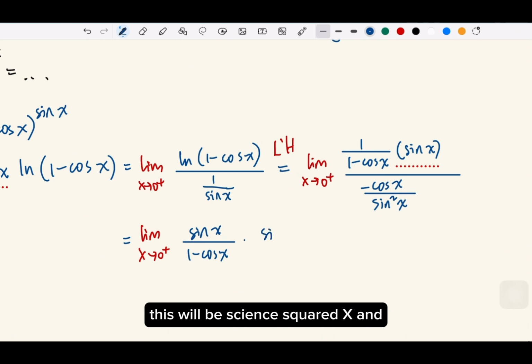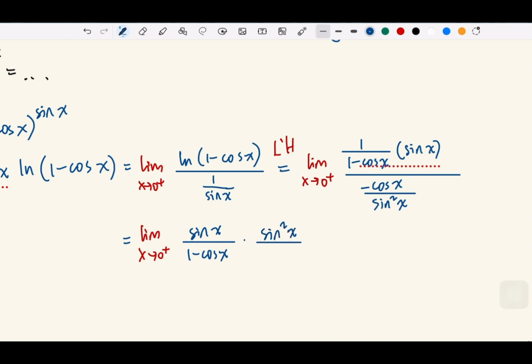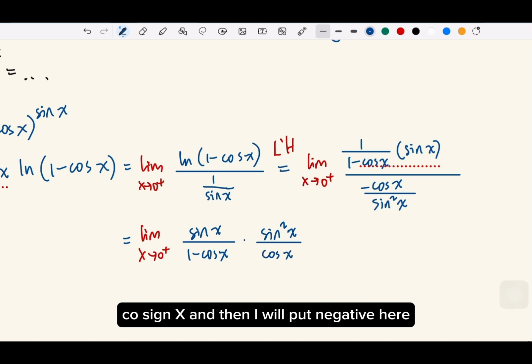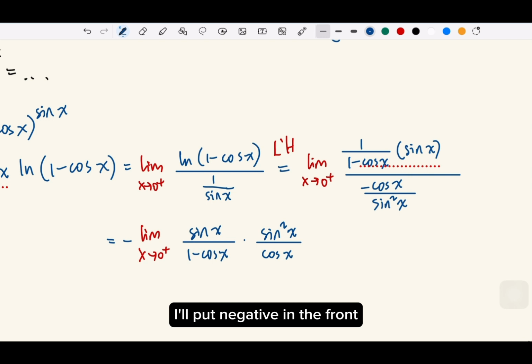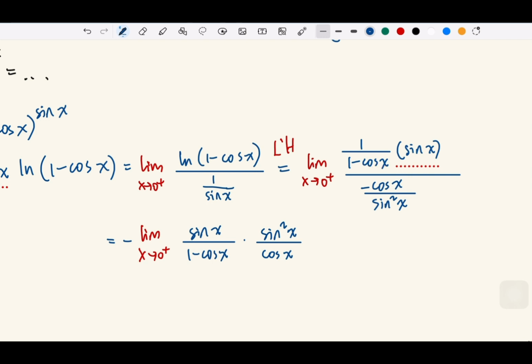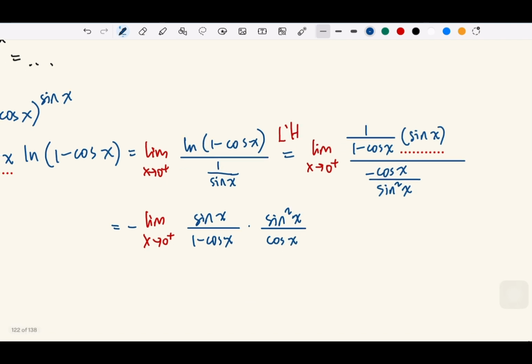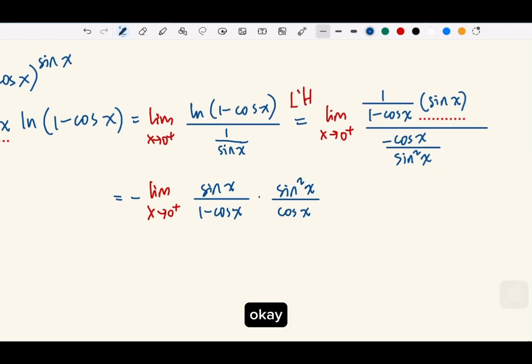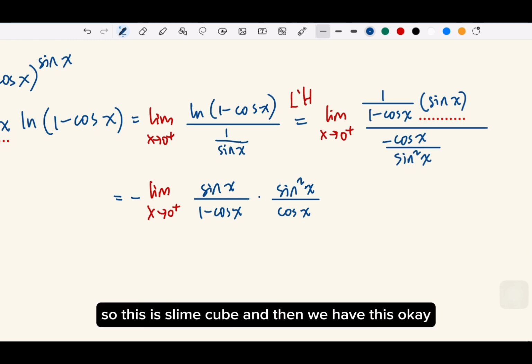This will be sine squared x and cosine x, and then I will put negative here. I'll put negative in the front. Okay. What else can we do? So this is sine cube, and then we have this.